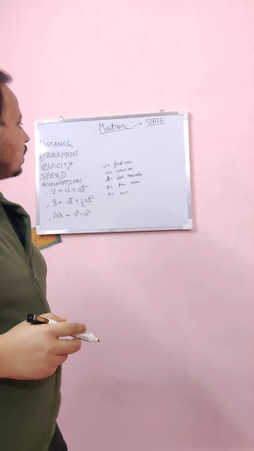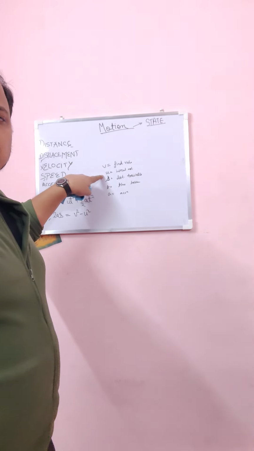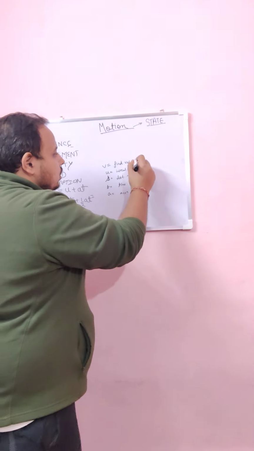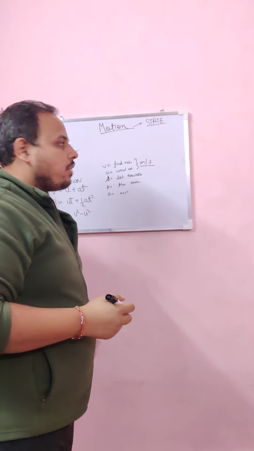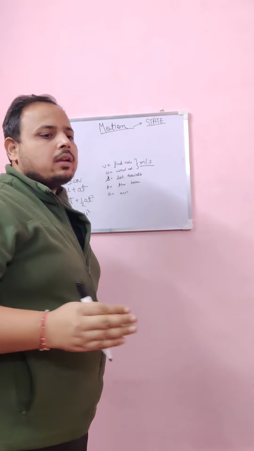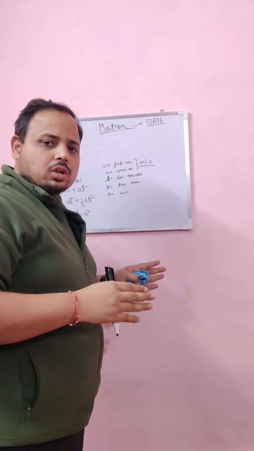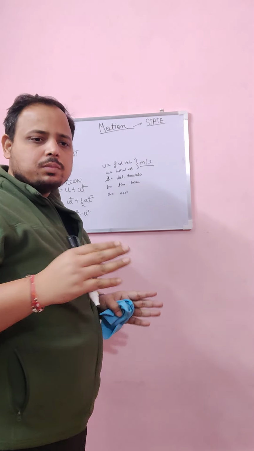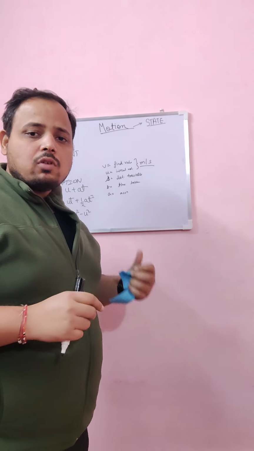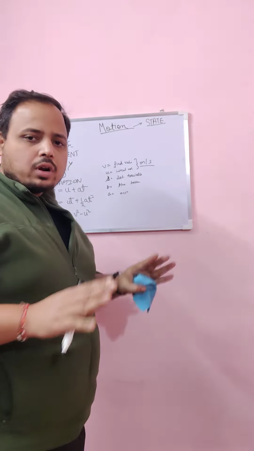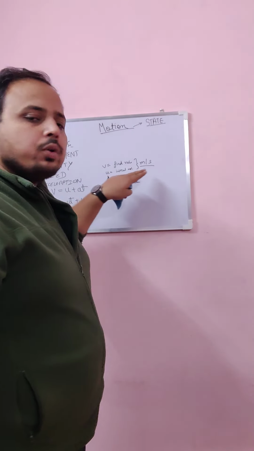I'll explain here. See, final velocity and initial velocity. These are velocities whose unit is meter per second. In certain cases initial velocity is zero and final velocity is something, or if the body comes to rest, then the final velocity will be zero. So for now you must just know the units only.